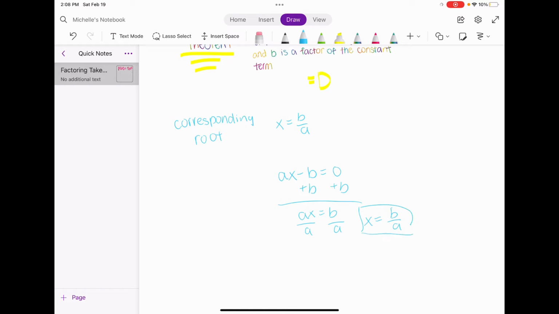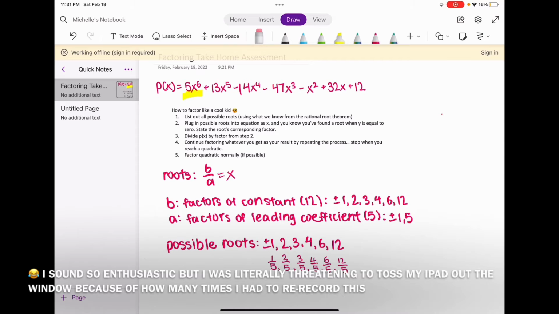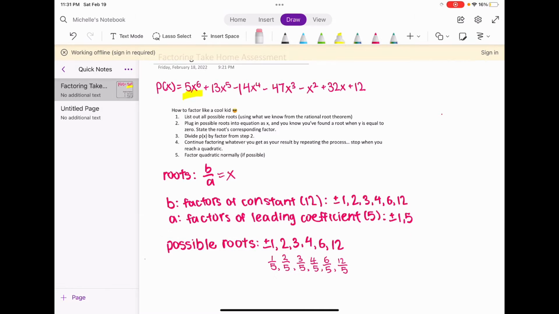That's our corresponding root. Now that we know what the factor and rational root theorems are, we can finally start working on the actual problem. Hooray! Okay, so I've written out this step-by-step guide on how to factor like a cool kid. Step number 1 says to list out all possible roots using what we know from the rational root theorem. We know that the roots are going to be in the format b over a, where b is a factor of the constant and a is a factor of the leading coefficient.